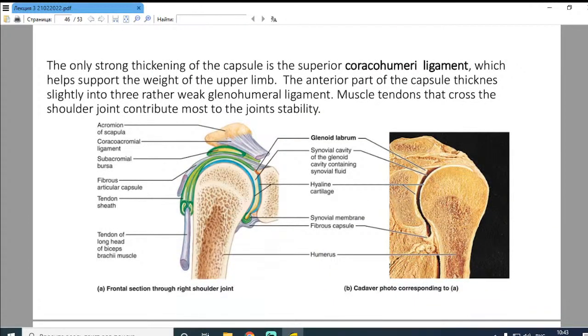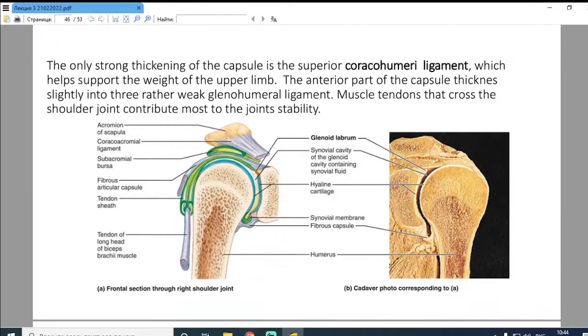The only strong thickening of the capsule is the superior coracohumeral ligament, which helps support the weight of the upper limb.